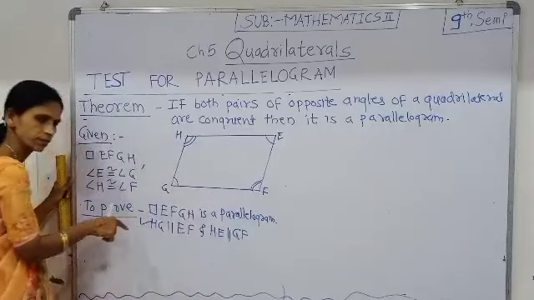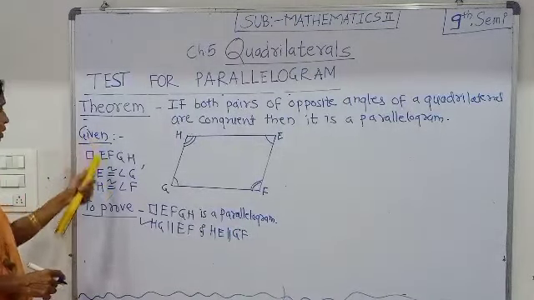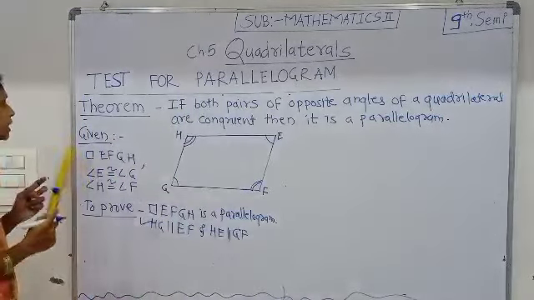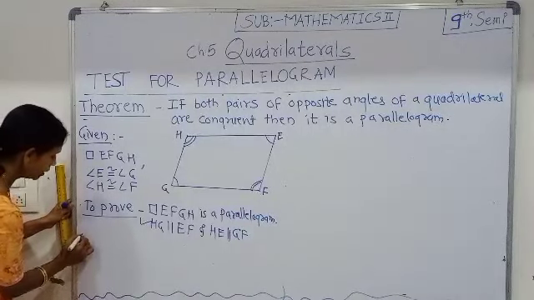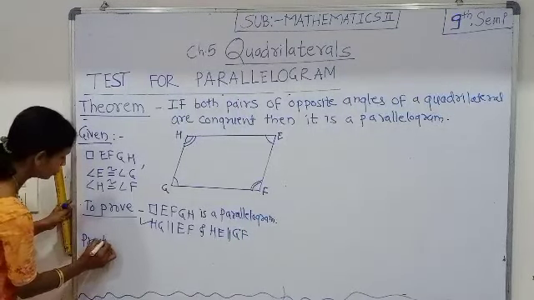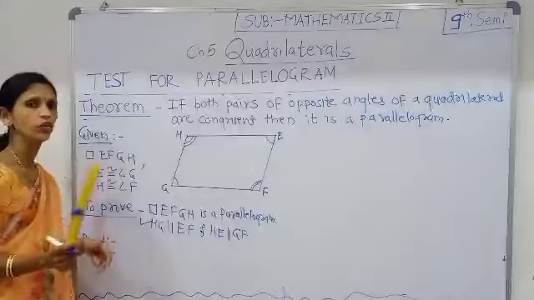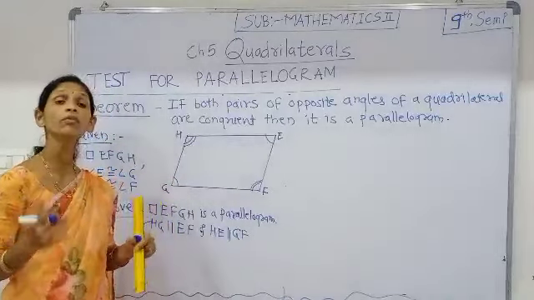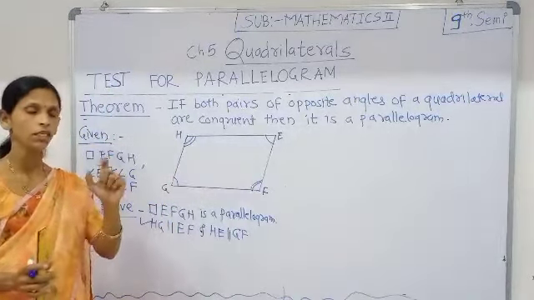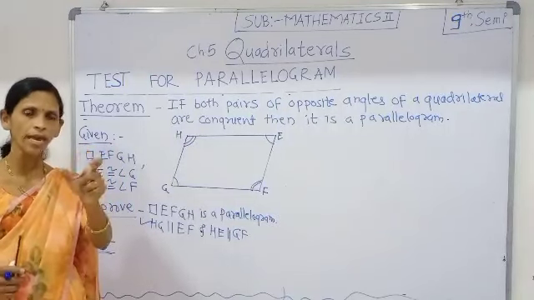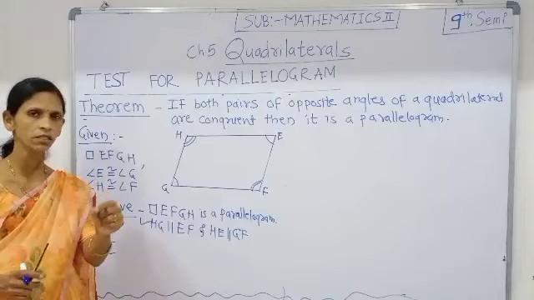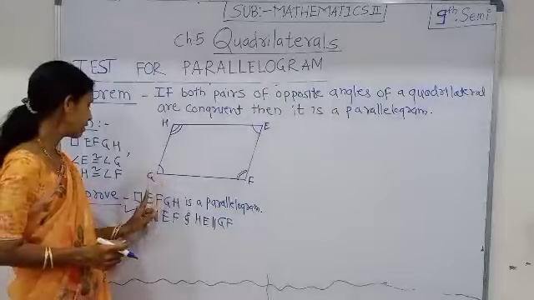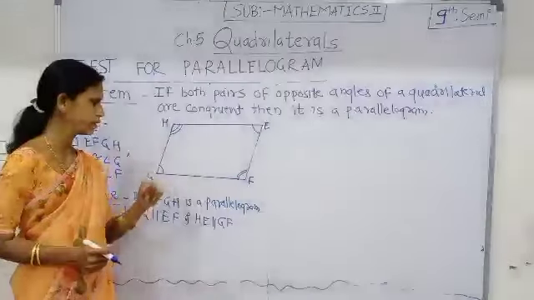We have to prove this from the given condition in the theorem. In your textbook, the proof of this theorem is given in the form of an activity. You only have to fill in the blank places given in this theorem. We have to prove that quadrilateral EFGH is a parallelogram.